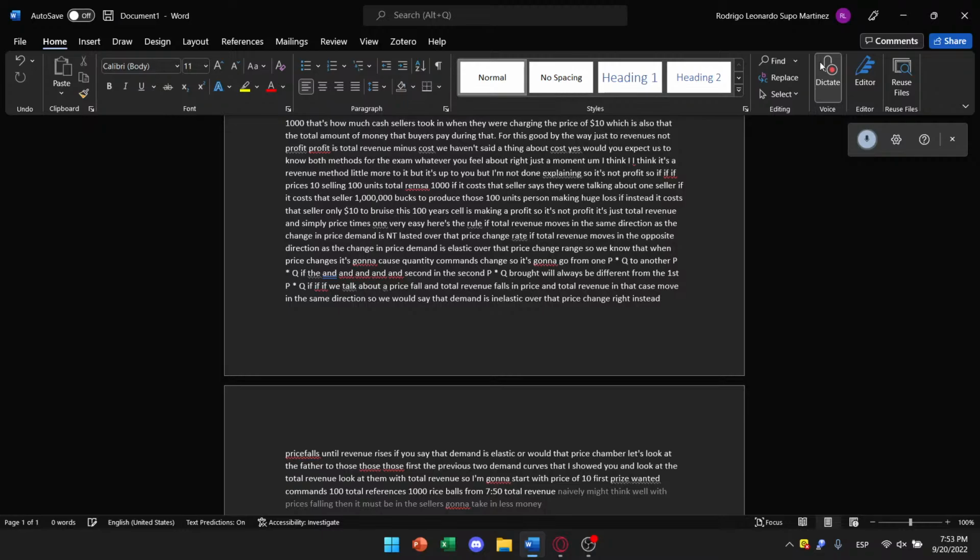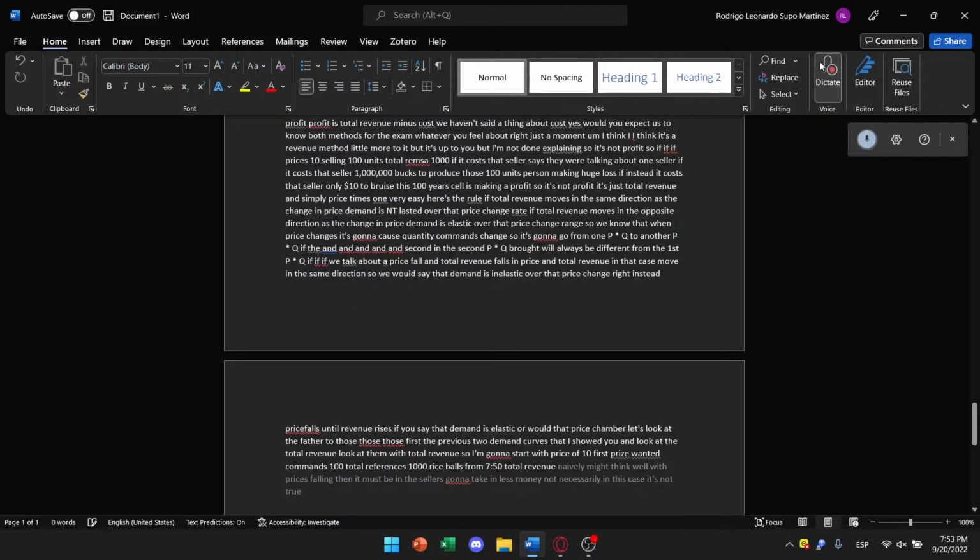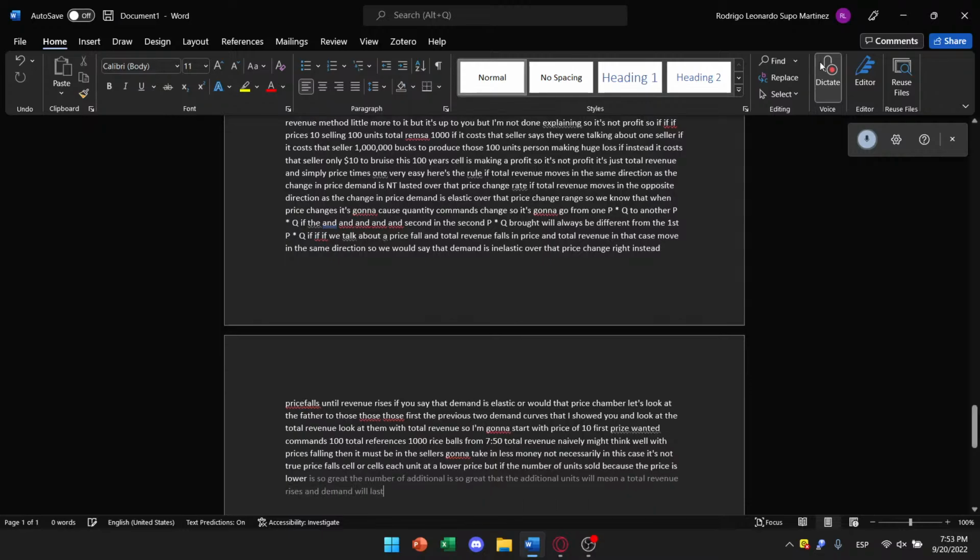Not necessarily. In this case, it's not true. The price falls, the seller sells each unit at a lower price, but if the number of additional units sold because the price is low is so great, then total revenue rises and demand will be elastic over that price change range.